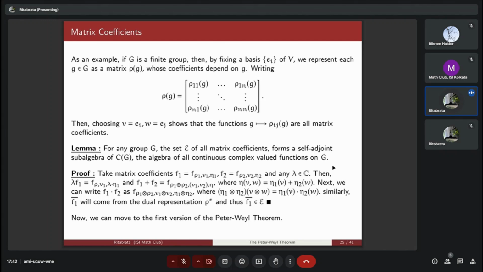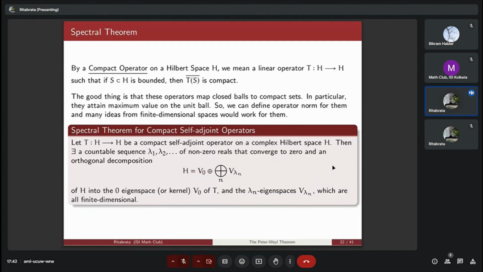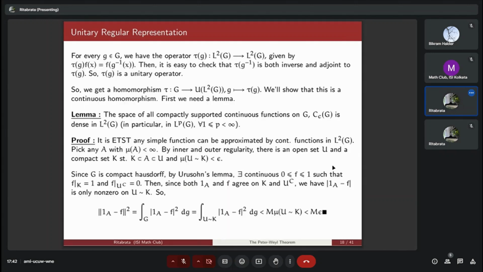Similarly, f1 times f2, because you want to show that it's a self-adjoint subalgebra, it also needs to be closed under multiplication. Similarly, f1 times f2 appears from the tensor product. And to show self-adjointness, we need to show that f1 bar is also a matrix coefficient. It will come from the dual. Why? Let's go back to a few slides before.